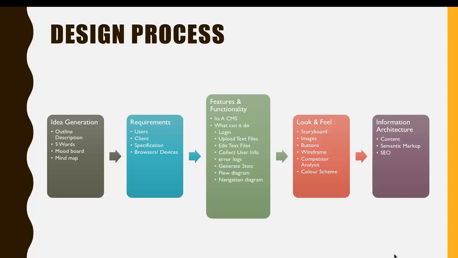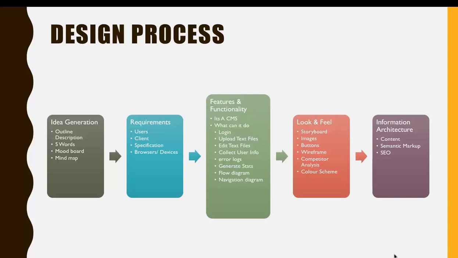Stage 2, requirements. This is where we look at what our users would be expecting to get from this, and this is a question of knowing your audience. That's related very much to subject matter, and so the audience for somebody who is looking at a gaming site is going to be very different to the audience for someone who is looking at, say, a site about accountancy.